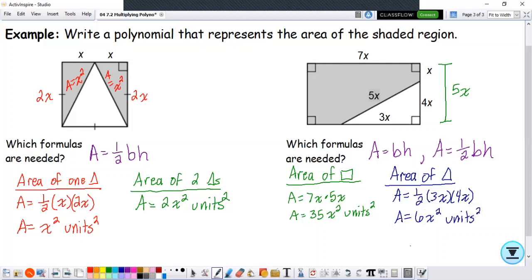So to find the area of this shaded region, I'm going to need to find the difference between the area of the entire rectangle and the area of the triangle. I'm going to have to do a subtraction.